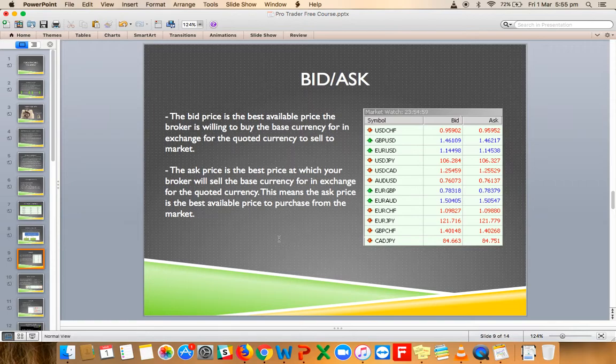Now, we have what we call bid and ask. The bid price is the best available price the broker is willing to buy the base currency for in exchange from an exchanger, and then of course sell it to the market, which in this case is you. Remember, whenever you place an order, the broker automatically passes that order on to the exchangers.